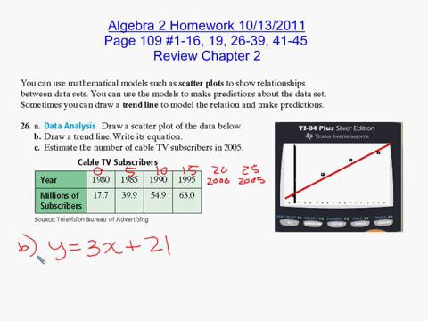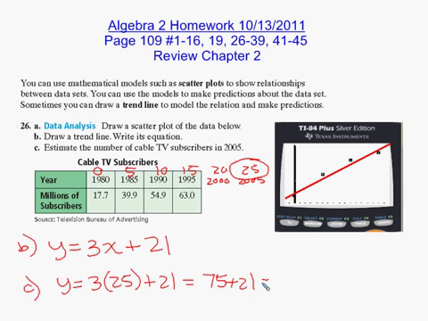So this is part B. For part C, I'm going to take 25, which is the number that corresponds to 2005, and plug it into the equation. So y equals 3 times 25 plus 21, and work that out. Let's see, that would be 75 plus 21, which would be 96. Okay, so there would be 96 million subscribers.